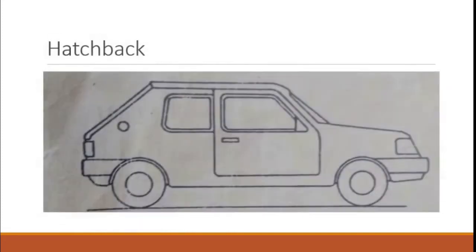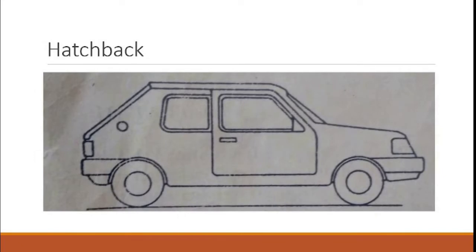Yeah. So next one, we talk about a hatchback. So in a hatchback, as you'll note, we don't have a boot. We have replaced the whole boot compartment with a hatch door that swings upward or opens upward.